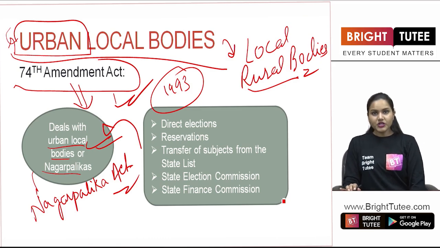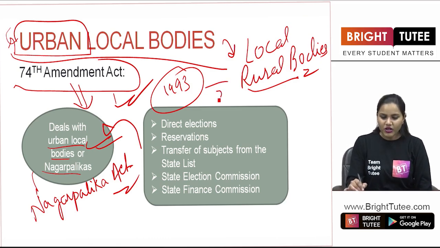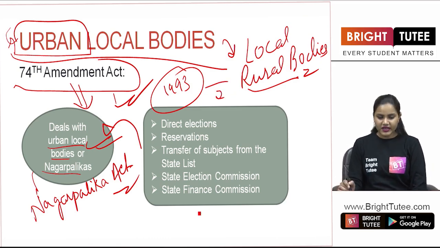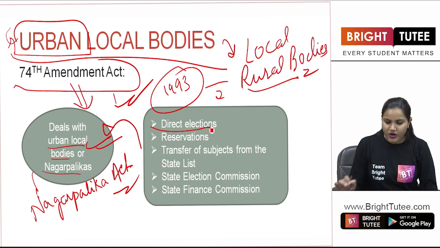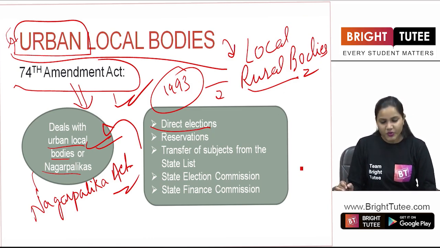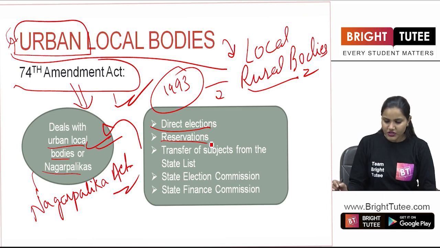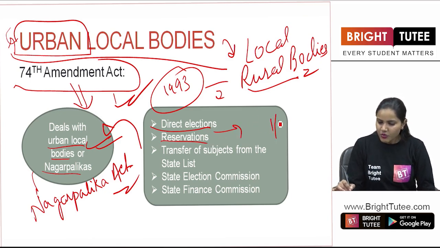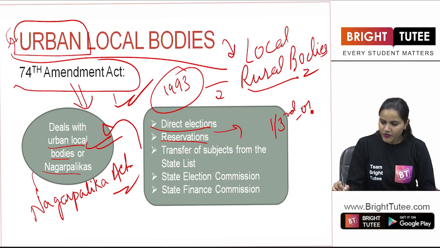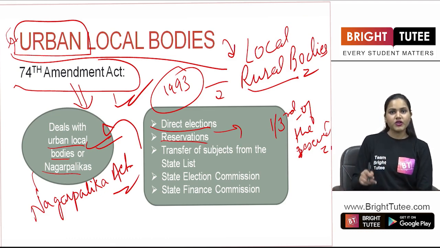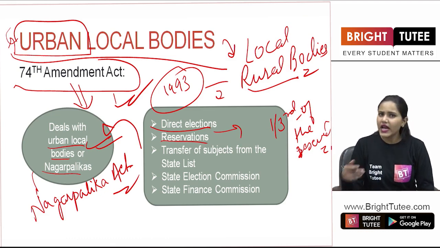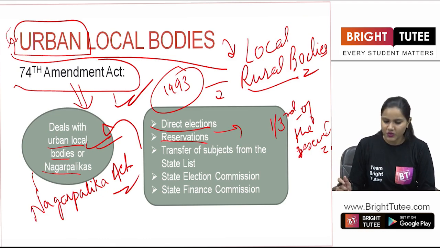Some of the major important points in the urban local bodies is that in this body direct elections took place. There were reservations of seats, as in one third of the seats was reserved for women, as we have also seen in the rural local body, and you have already learnt about that as well.